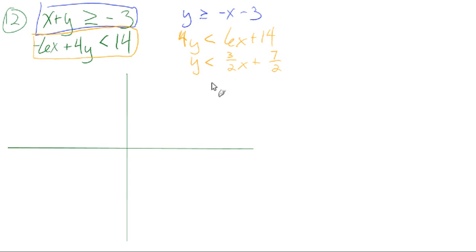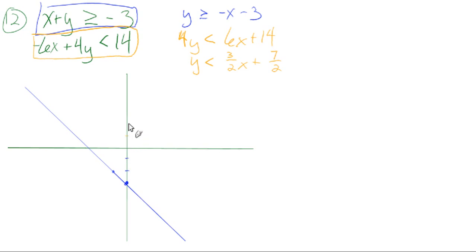Okay. So let's do the blue graphing. Y-intercept of negative 3. Slope of negative 1, so up 1 and to the left 1. And it's less than or equal to, so it is a solid line. Okay, so there's our line for the blue inequality, and now for the gold one. Y is less than 3 halves x plus 7 halves, so 7 halves is our y-intercept.